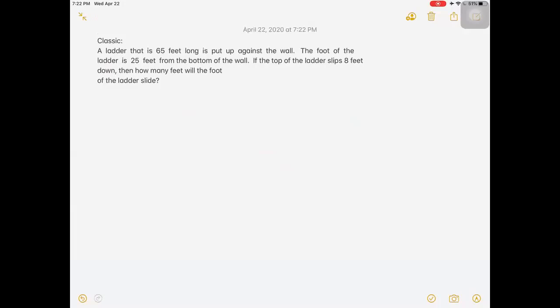So the first thing for all geometry questions is that we just have to draw a diagram. Let's pretend this is the wall, and we have our ladder right here, which is 65 feet long. And it tells us the foot of the ladder is 25 feet away from the wall, so this distance right here is going to be 25.